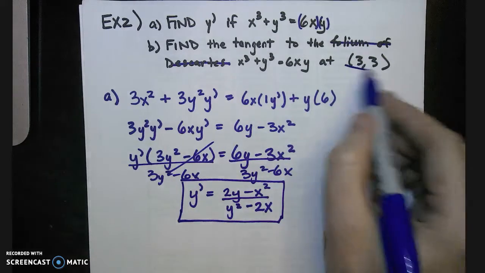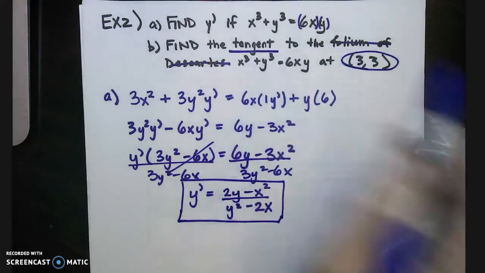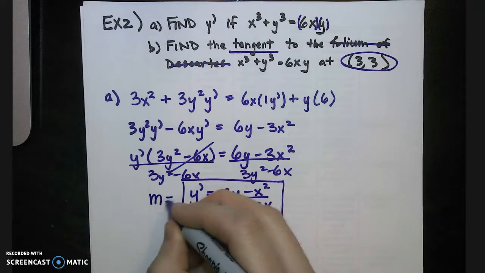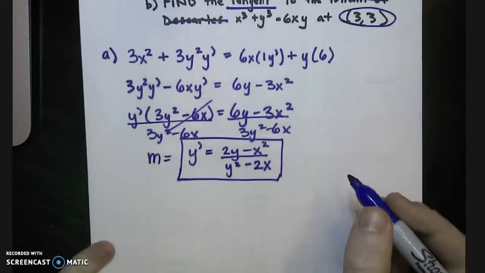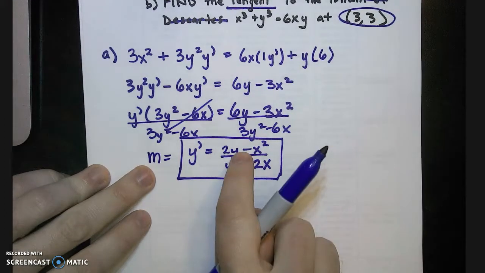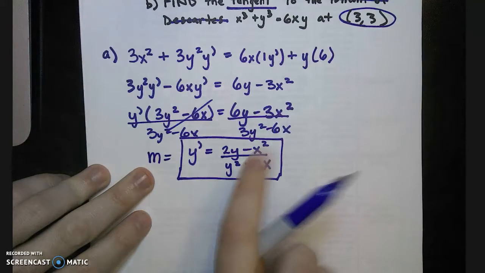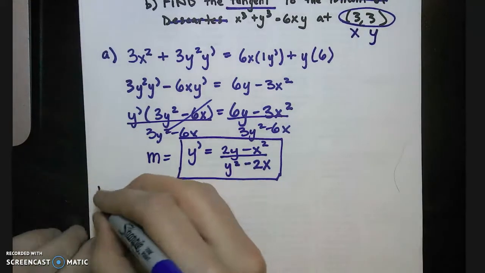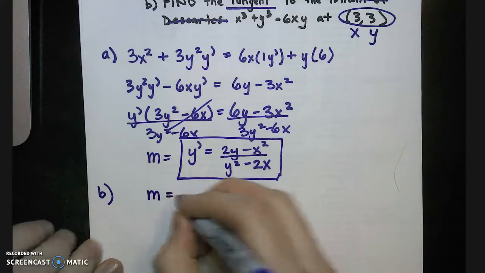But at the point 3, 3, they want us to find a tangent line. And remember that derivative is slope. So I just found the slope. If I wanted the slope at 3, 3, then I need to plug 3 in for x and 3 in for y, because they gave me an x and a y. So part B, I'm starting to find the slope here.